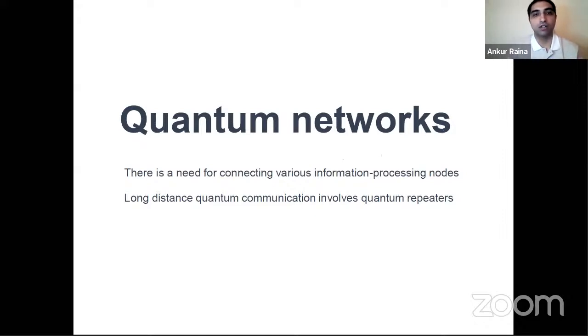And a lot of researchers are working towards seeing the light for the quantum internet. So that is one exciting area which I am also closely following, and how this will happen in the future.